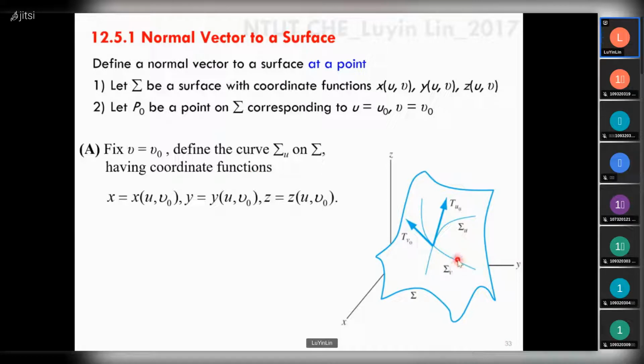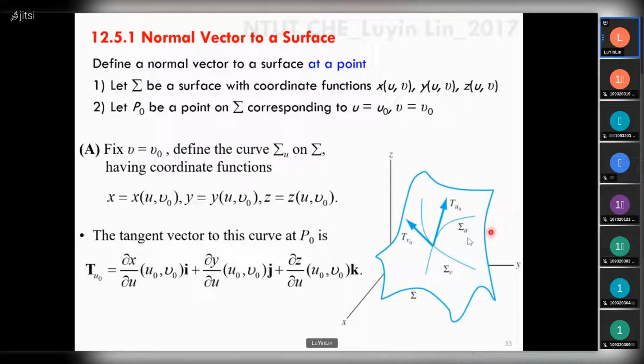Here sigma is the surface, but if you fix V at V0, you will have this curve, not a surface. And then let's have a tangent vector here. How to get a tangent vector? Just do the partial differentiation: partial x, partial u, partial y, partial u, partial z, partial u. You will get a tangent vector at P0.